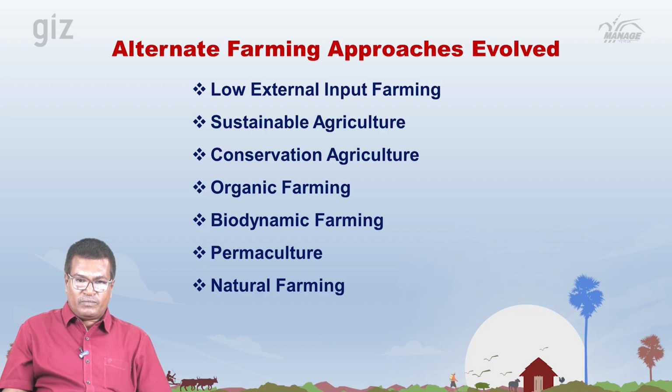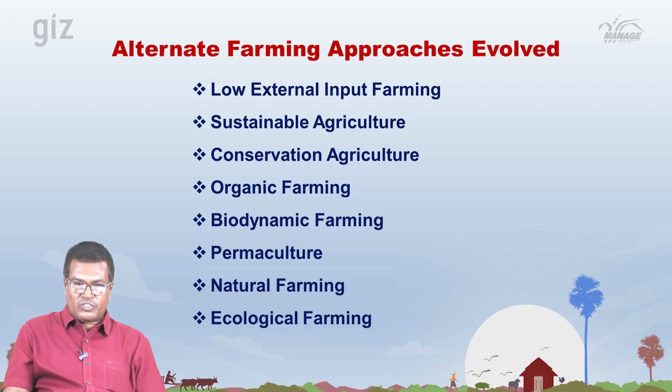We should do agriculture in the same manner as our ancestors did farming, without using any synthetic inputs. That kind of natural farming is being thought of these days. Some people have even named it ecological farming. They want to take care of all ecological issues and have good agricultural practices which do not harm the ecosystem around the farm.